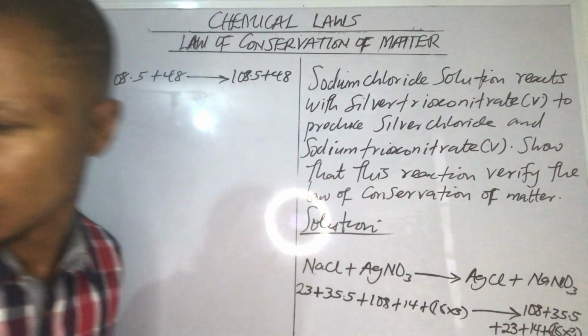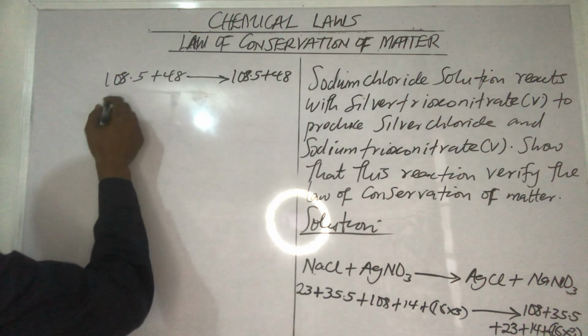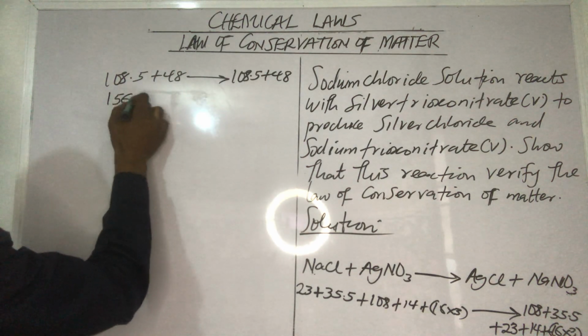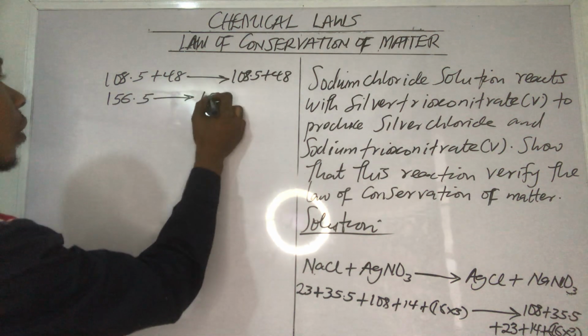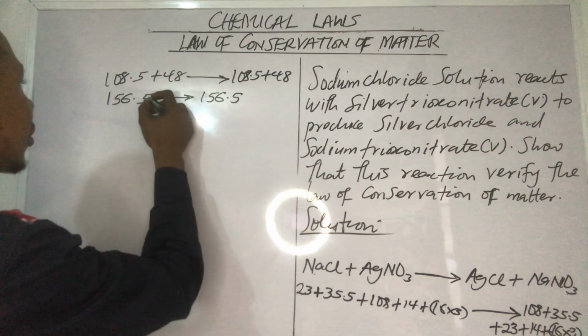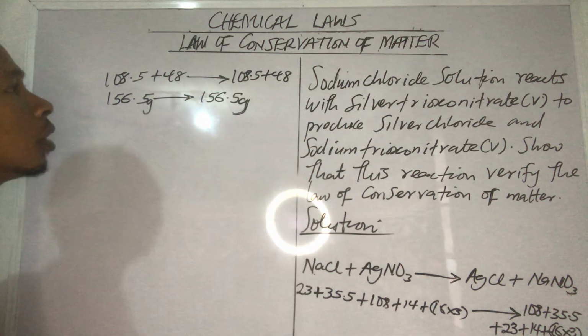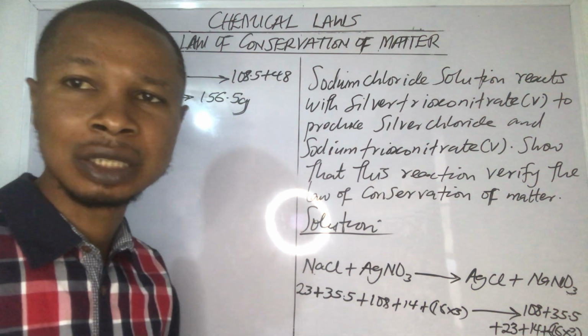So if I add this and this together, you have 228.5 equal to 228.5. You see that the masses of the reactants and the products are the same.